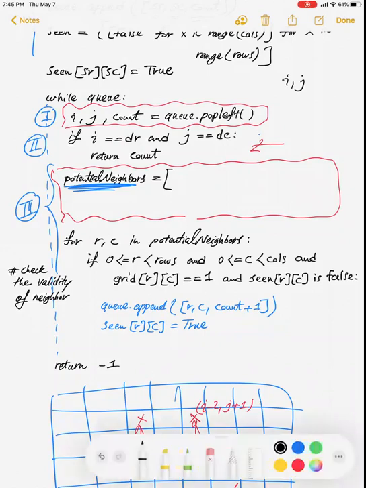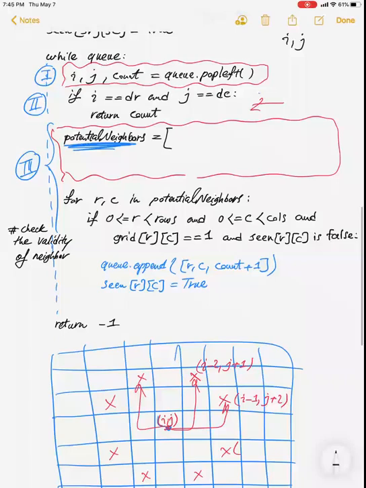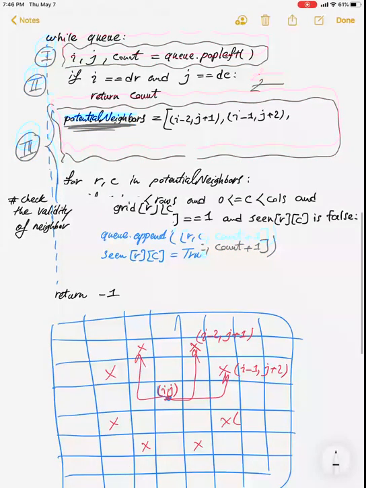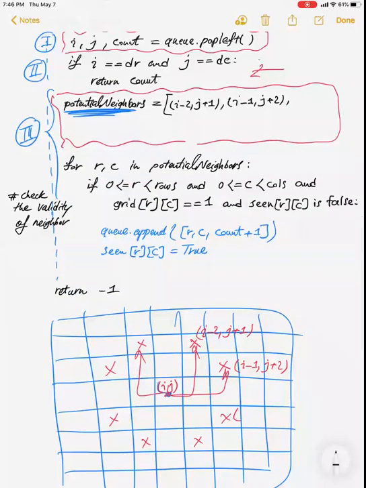If you are really fluent in the basic problem, it is nothing. Here we have I and J. The neighbors will be I minus 2, J plus 1. Then I minus 1, J plus 2. And the next one will be I plus 1, J plus 2. You add all of these here, and you don't need to change anything. And you will find the shortest path.